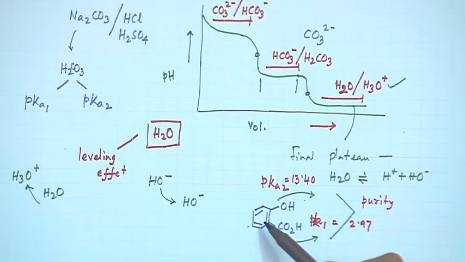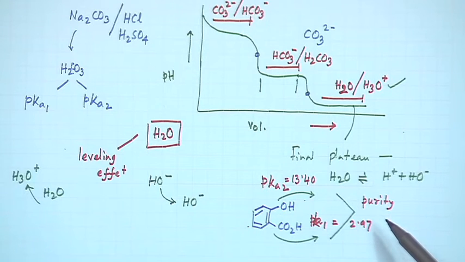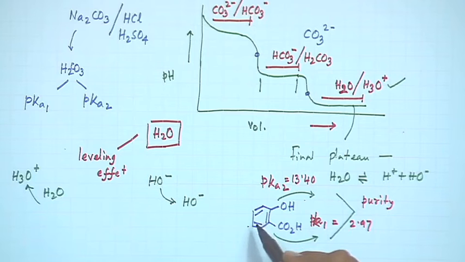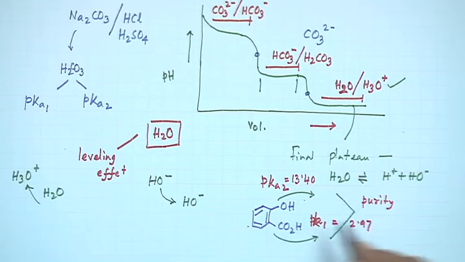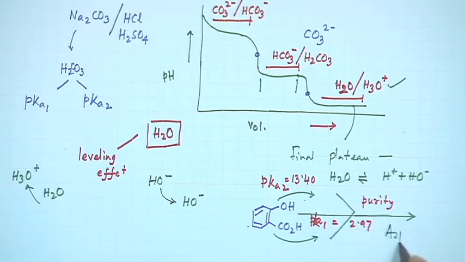To determine the unknown concentration of salicylic acid for the preparation of aspirin, we should know the purity of the bulk salicylic acid available for the conversion of salicylic acid to aspirin.